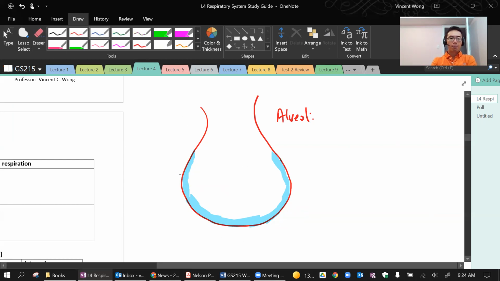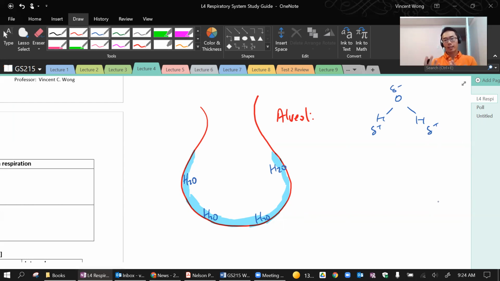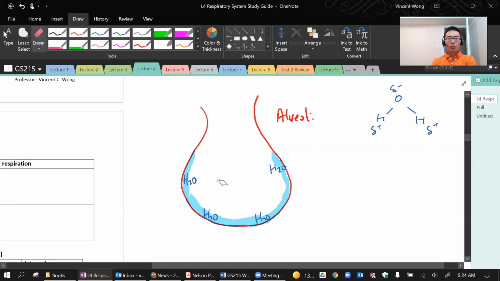But by having a moist surface, we create a little bit of a problem. Water, as you learned in chemistry class, is polar. The oxygen is slightly negative and the hydrogens are slightly positive, which means if you put two water molecules next to each other, they will be attracted to each other. That attraction creates what we call surface tension.